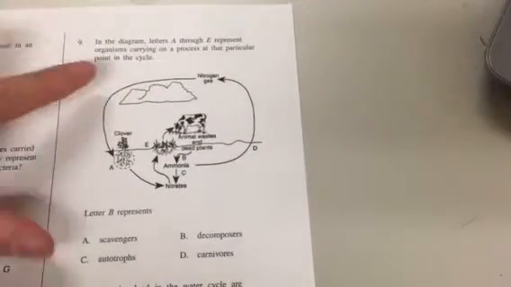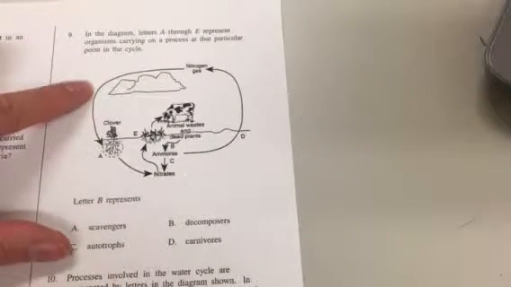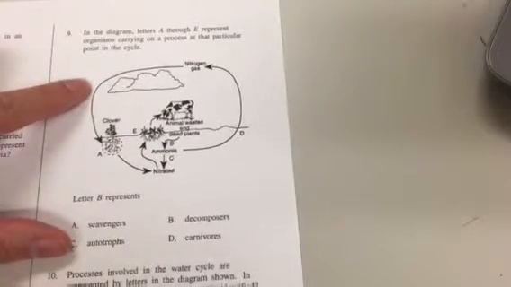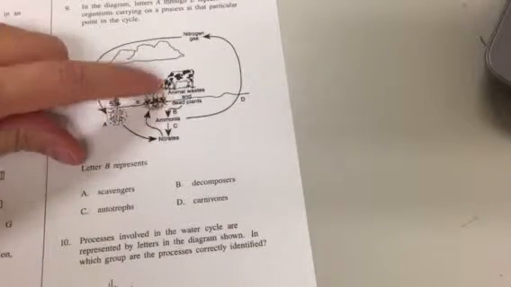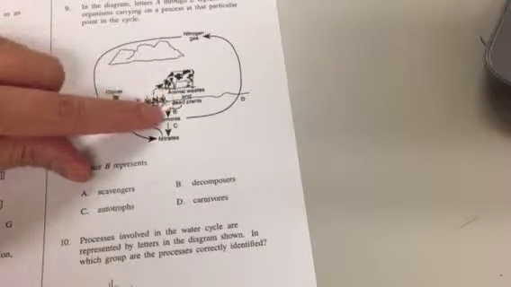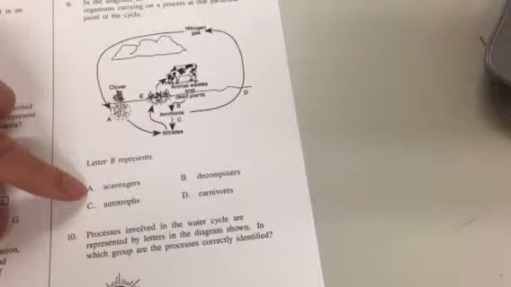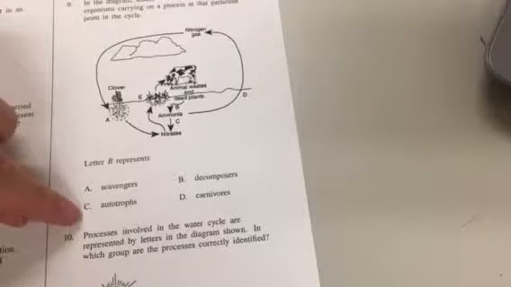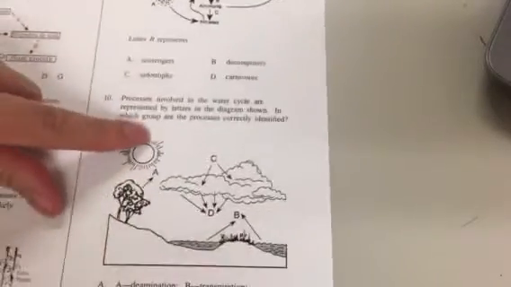Number 9, in the diagram, letters A through E represent organisms carrying on a process at that particular point in the cycle. Letter B, which is right here, going from animal waste and dead plants to ammonia, represents A, scavengers, B, decomposers, C, autotrophs, D, carnivores.